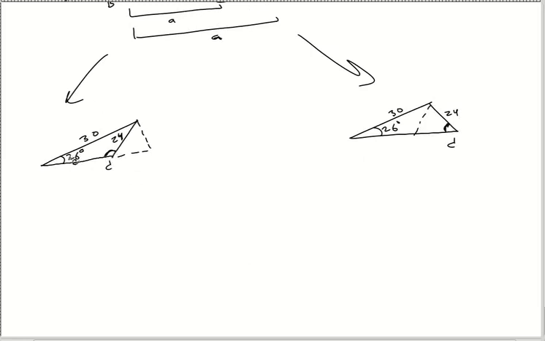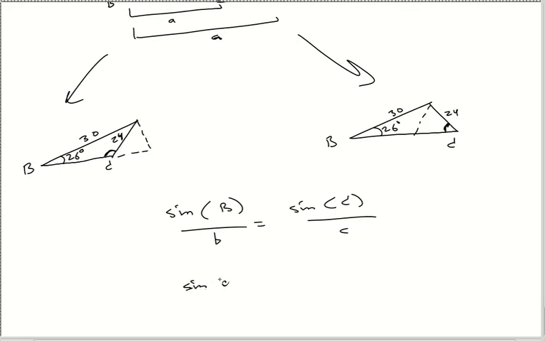Okay, notice because I've got both B's, right? I got big B, little b, okay? But I have a little c, so I need to find that last c, okay? So I'm just going to start with one of my formulas here. Sine of b over b is equal to sine of c over c. Let's fill in what we have. So sine of b, that's a 26, over little b is a 24, again for both of them.